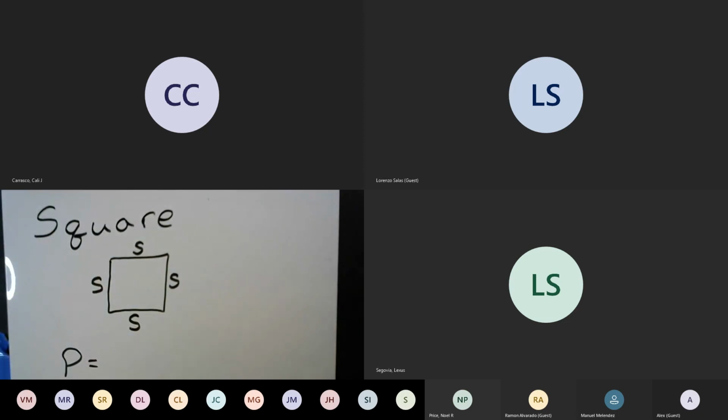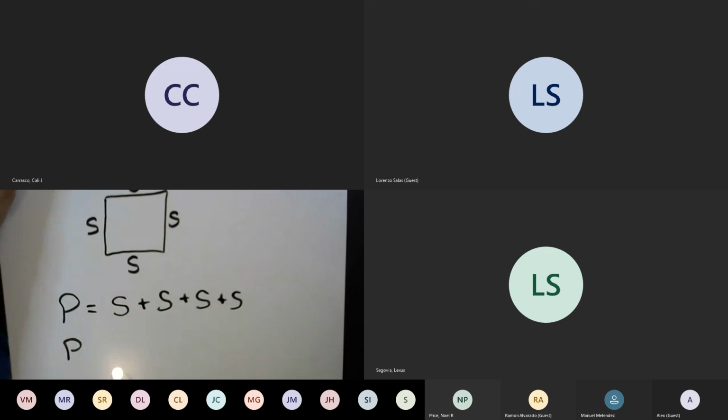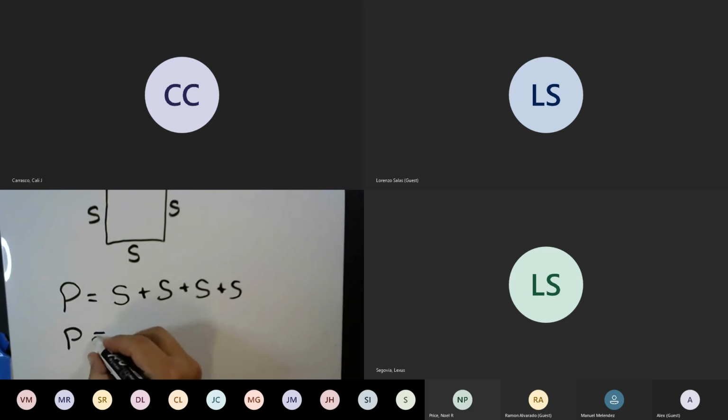So to figure out that distance, it's like if you walk along here, then walk along here, walk along here, and then walk back to where you started. And you add up the distances as you go. S plus S plus S plus S, or if we gather like terms, P is 4S. And so that's the perimeter of a square.